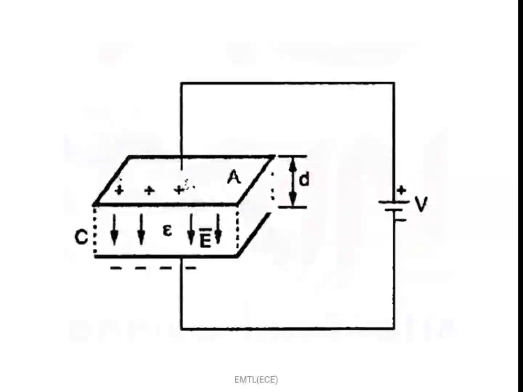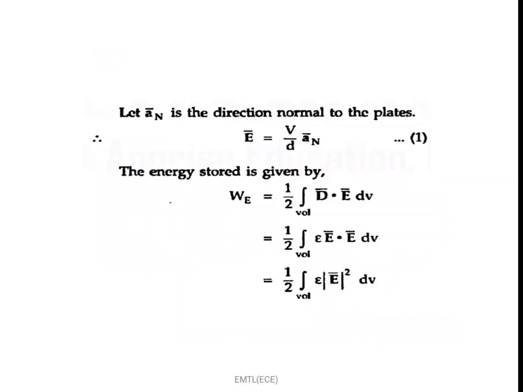That means they disappear. That means it has only a normal component. That's why here the electric field is taken as the normal component only. So E bar expression is V by d a N bar.